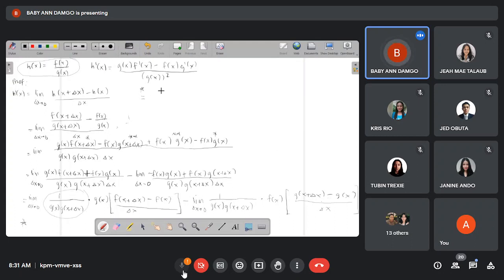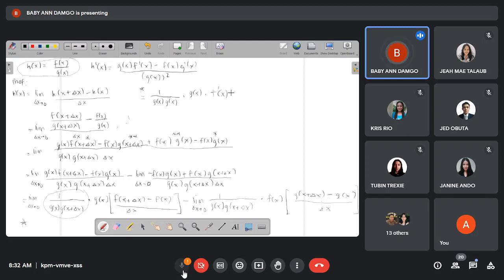This is just equal to 1 over g of x times g of x, since the change of x goes to zero, and g of x is not affected with respect to the change of x, times this one. The limit of this is just the definition of the derivative of a function f.